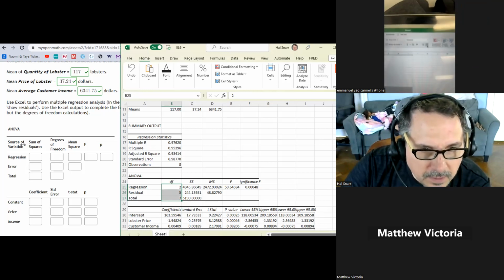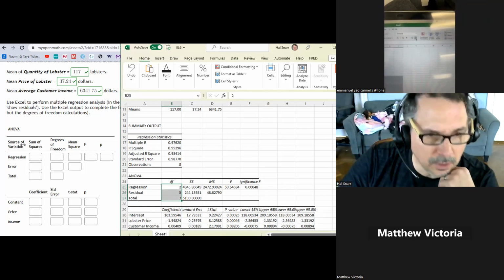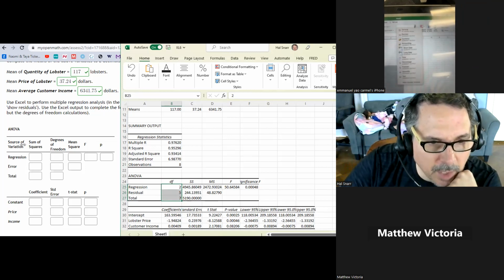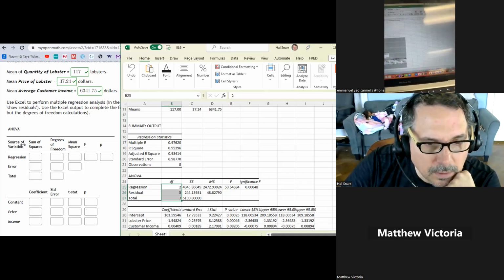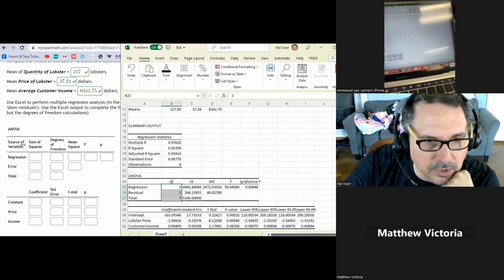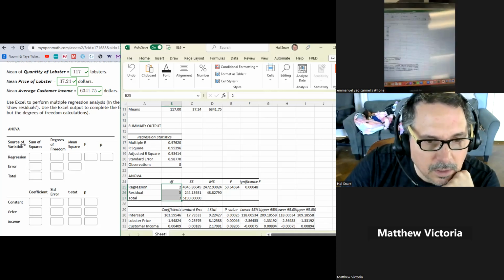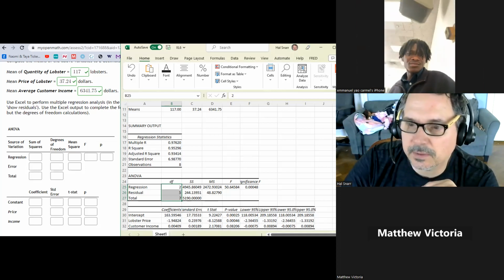Click on general and then number, click number below it, and see if that works. No. Okay, I think what you did is you highlighted too many of them. You want to highlight just the numbers.